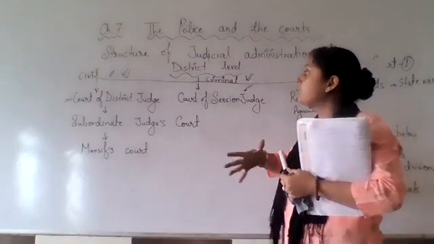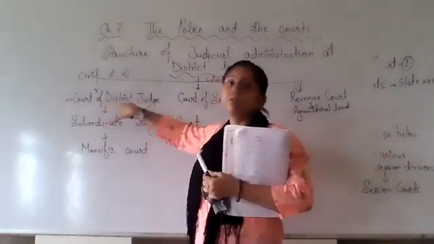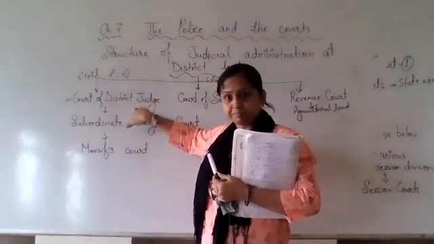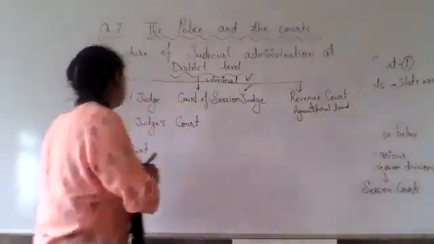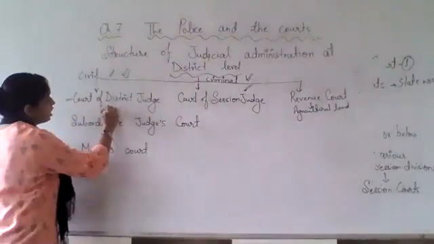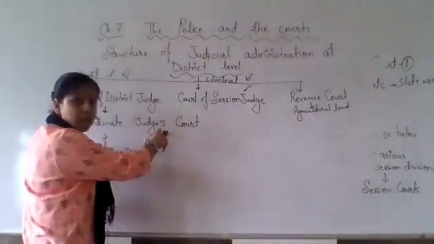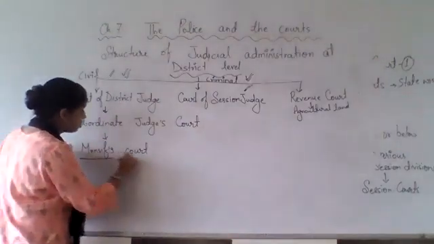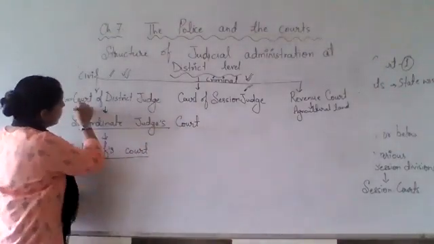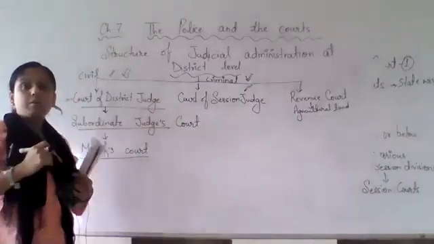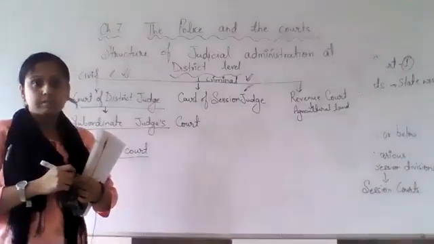So we were discussing the court of district judge. Now under court of district judge, we have subordinate judge court, and under that we have municipal court. Now there are 3 levels here.